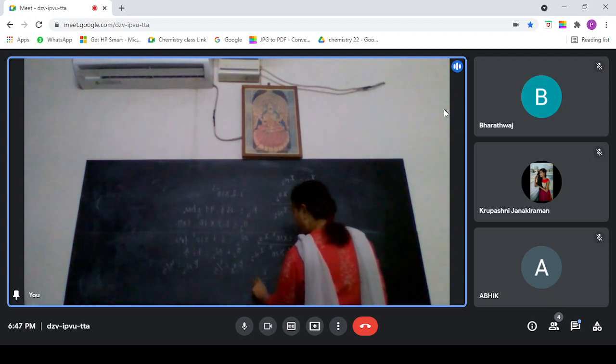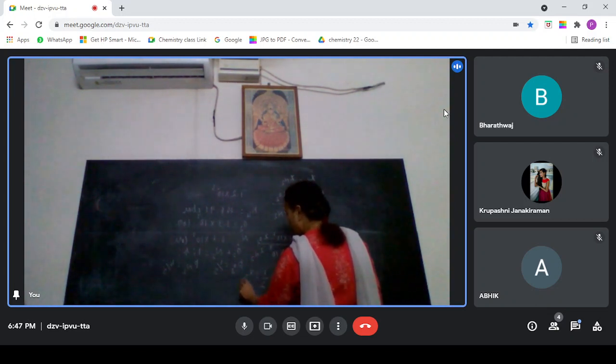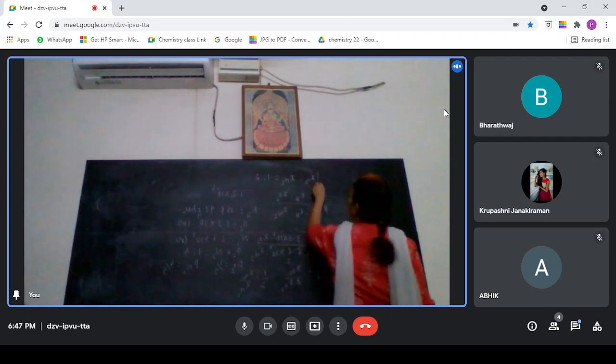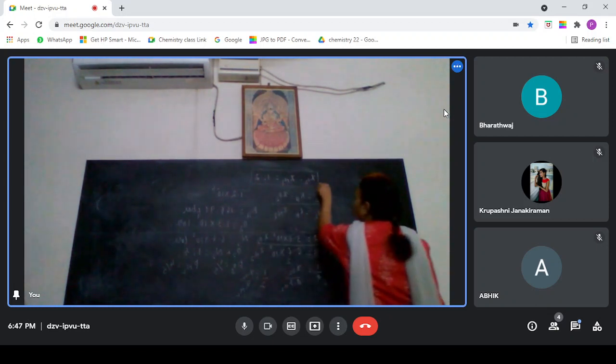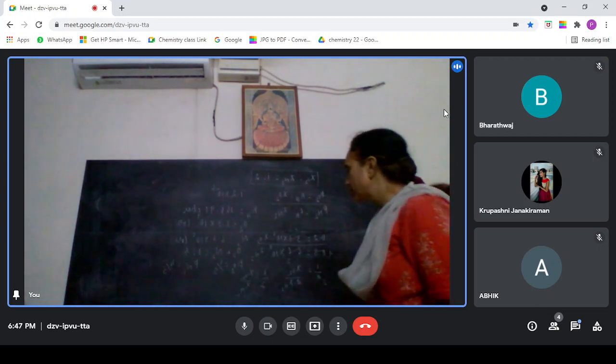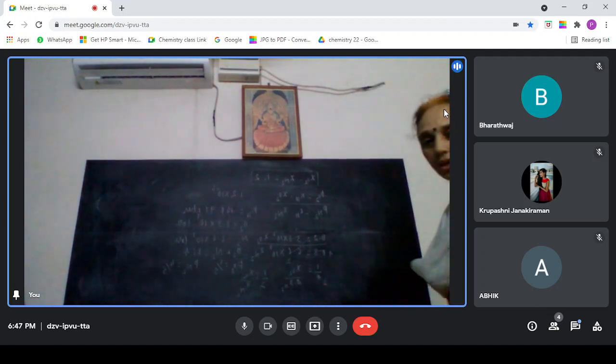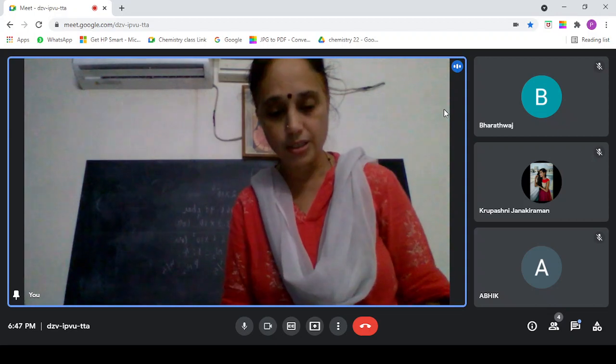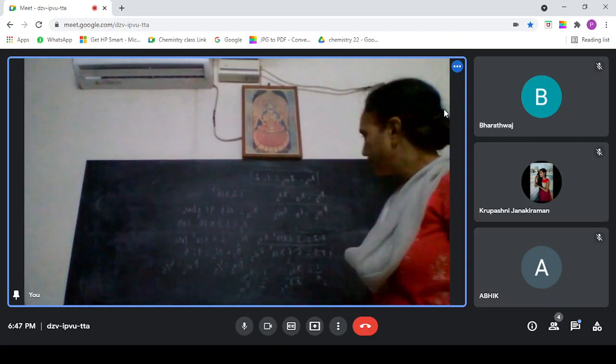So 1/2 is equal to x of oxygen by x of nitrogen. So this will be 1:2. X of oxygen is to x of nitrogen is equal to 1:2. You don't need a calculator for this. You can just do it like that.